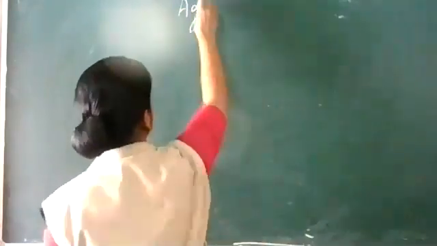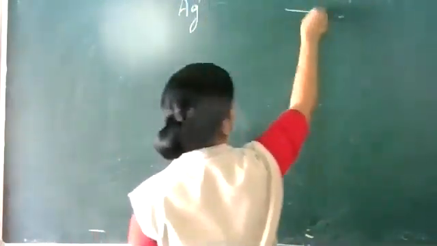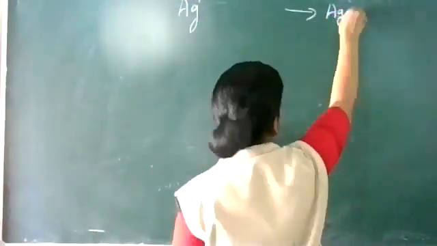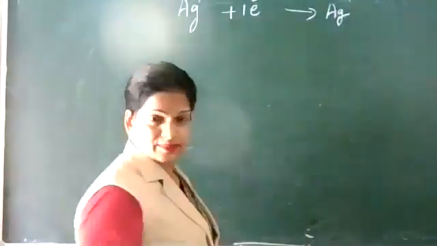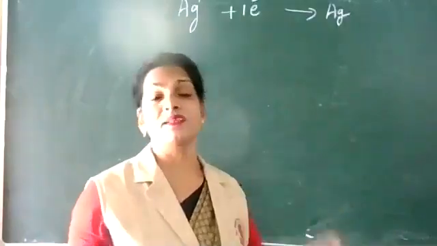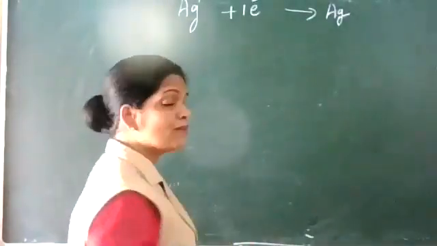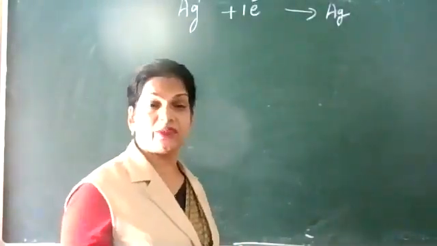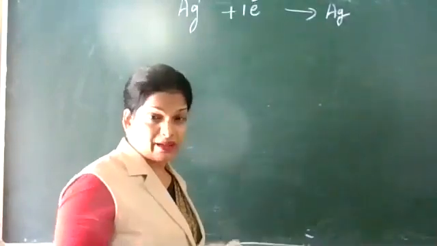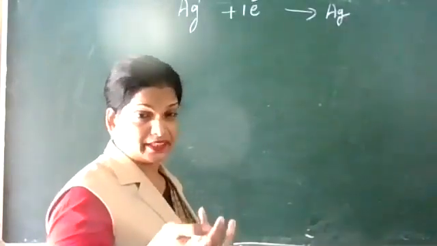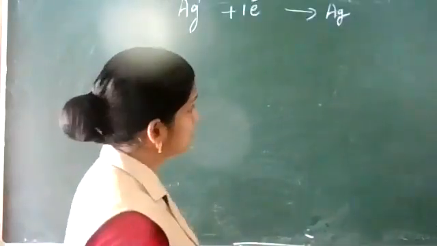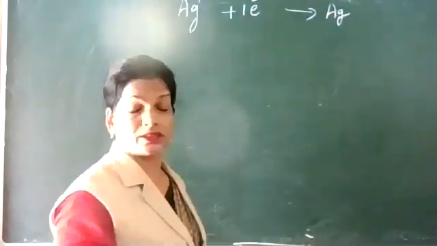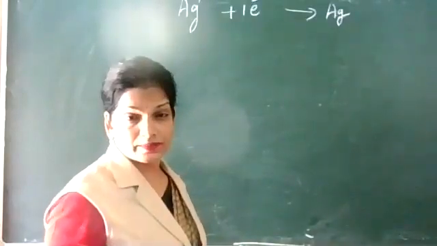Silver ions should change to silver metal. 1 silver ion requires 1 electron. So you will get 1 silver atom. 1 silver atom you cannot see, you cannot handle. We should have some visible quantity to handle it. So I am going for silver's molar mass.